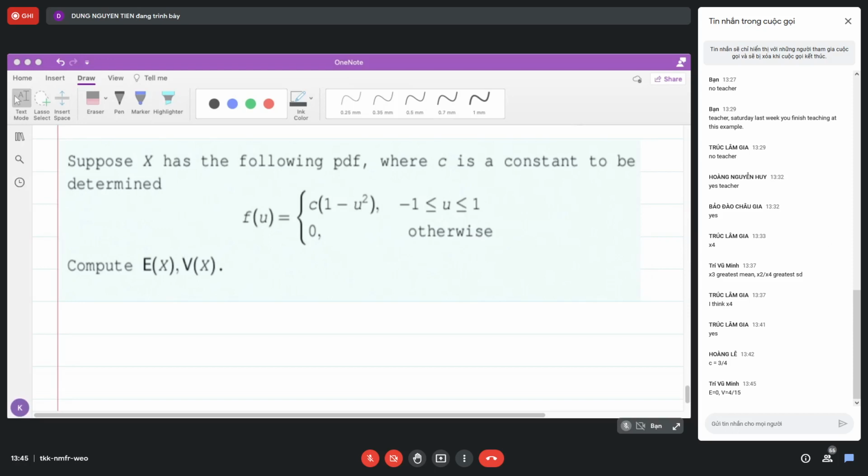Okay, so you conclude that the mean is 0 and the variance is 4/15, right?